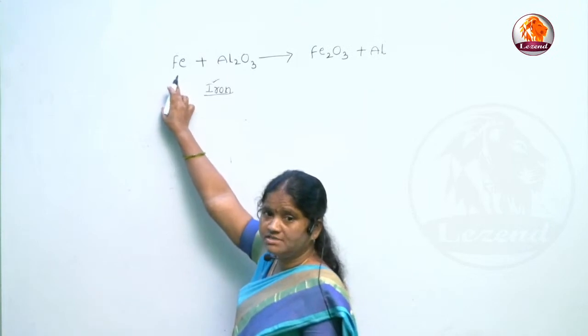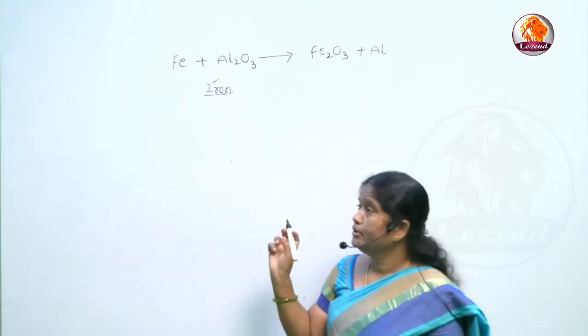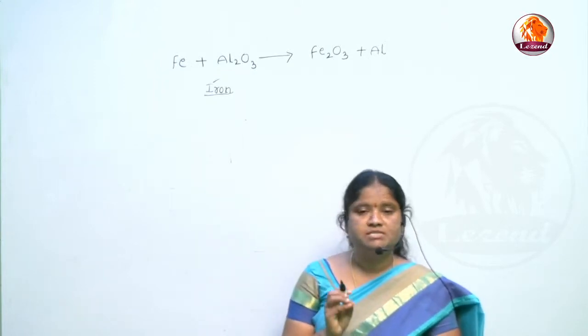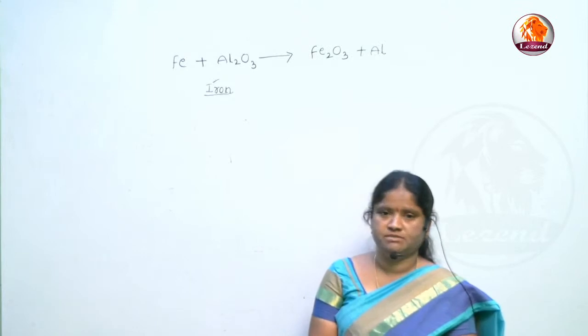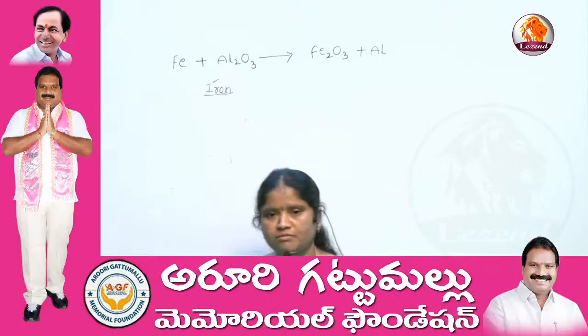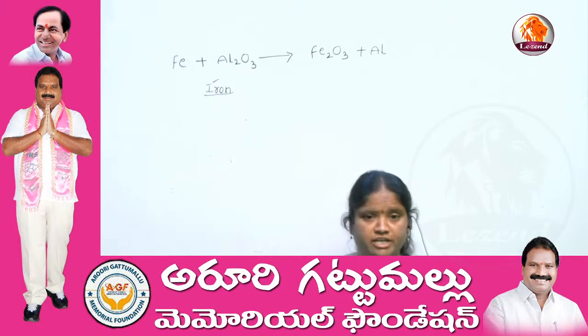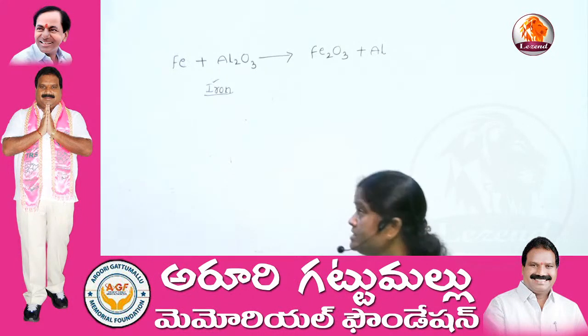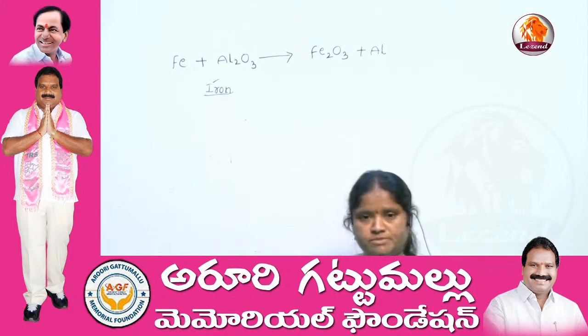Why have we considered the symbol of iron as Fe? I already told you, some symbols of elements are taken from their Latin names, not mostly, only a few elements. In the same way, sodium, what is the Latin name? Natrium, because of that the sodium symbol is Na.